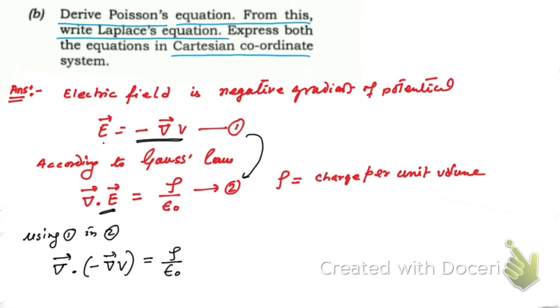So it implies del square V, that is Laplacian operator, is equal to minus rho by epsilon naught. Here I have missed the V, sorry.